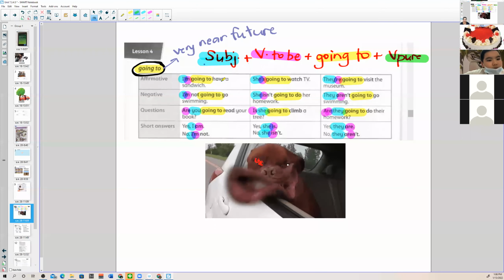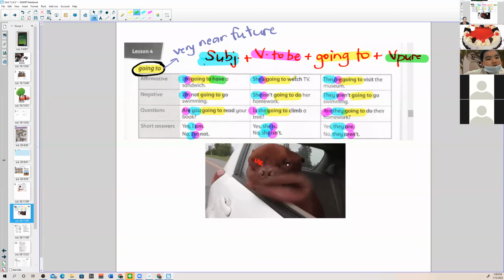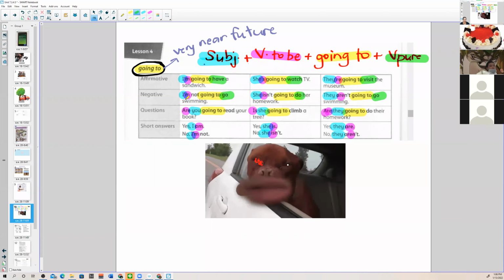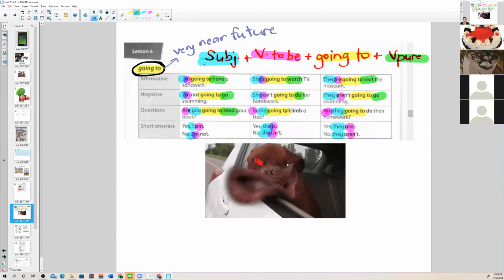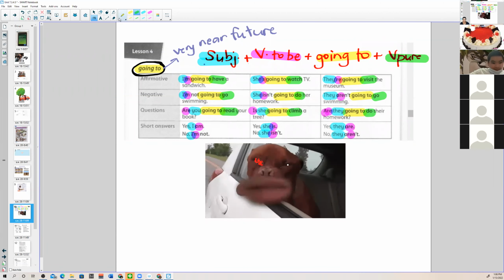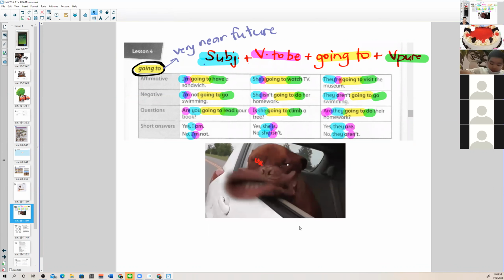The pure verb is in the green highlight: have, watch, go, do. These are the pure forms that have no S, no ES, no ING. You don't change the form, just the pure verb. Understand? You get it? Okay.